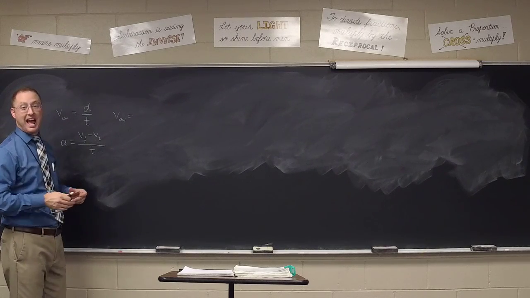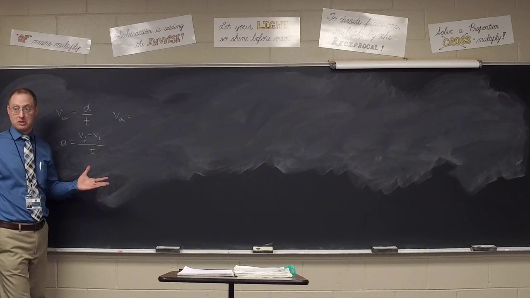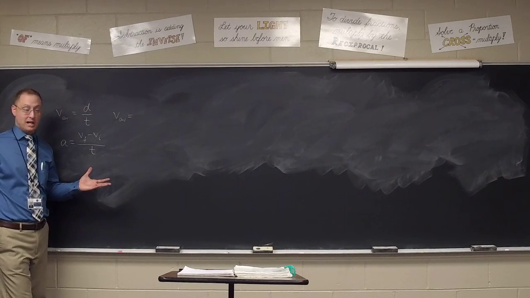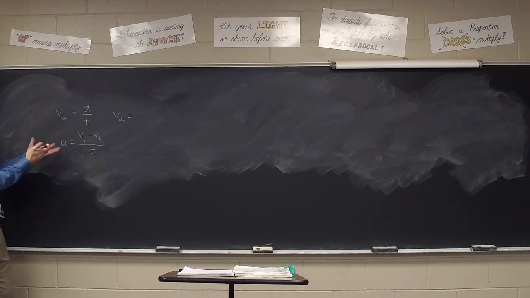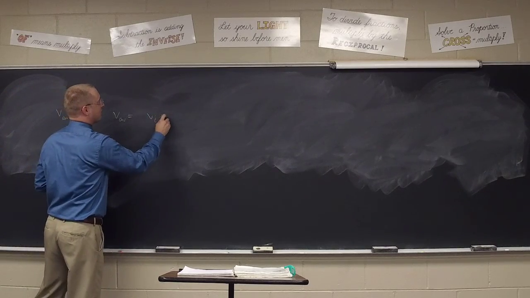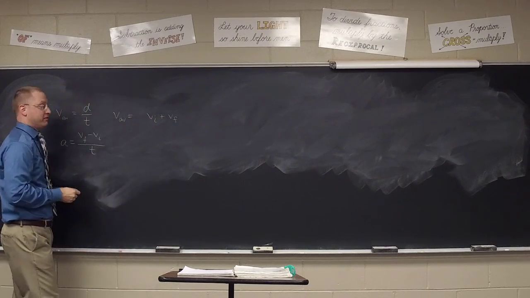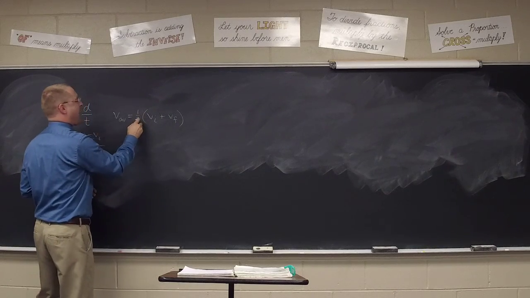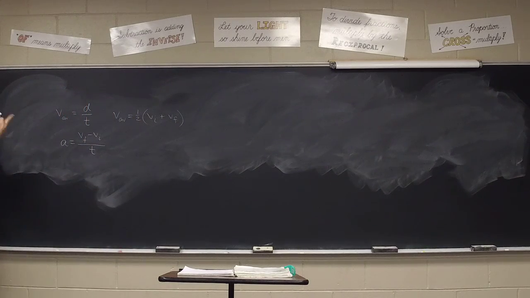Find average. How do we average things? Add and divide by 2, right? Okay, so if there's an initial velocity and a final velocity, add them and divide by 2. Or we could say take half. Not a problem to say divide by 2. But there's our next equation. It's just the definition of what average means. This assumes uniform acceleration. May or may not actually have it. We're going to assume it anyway.